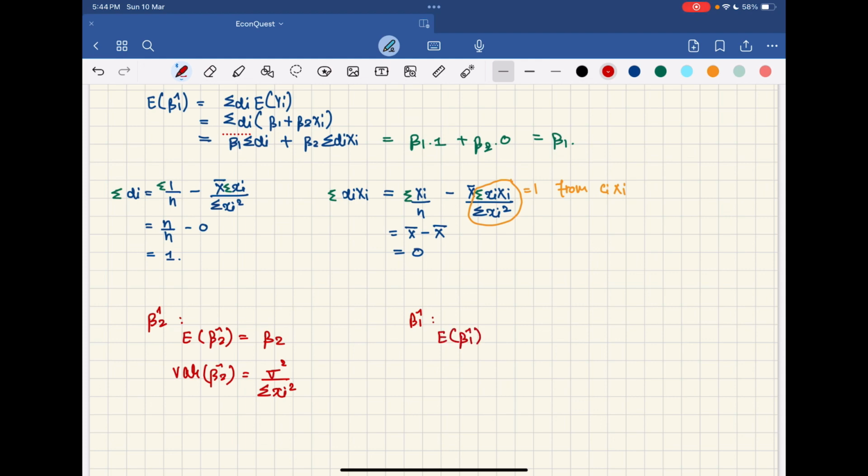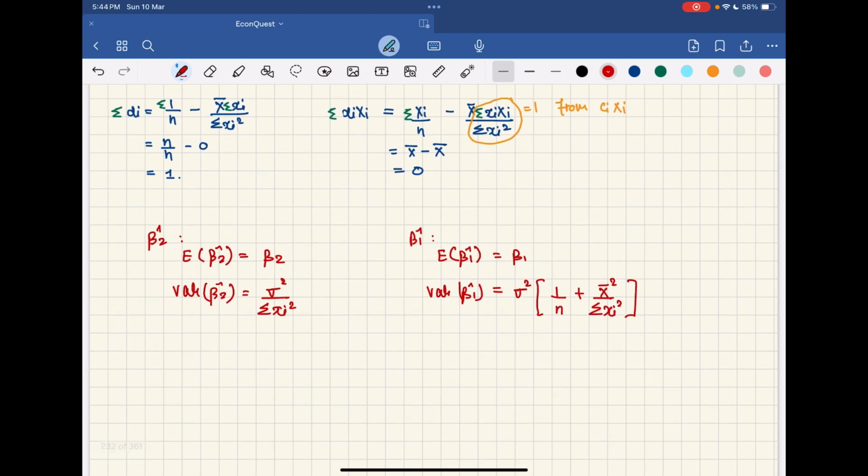Expectation of beta 1 hat is equals to beta 1 and variance of beta 1 hat is equals to sigma square times 1 by n plus mean of x square divided by summation of xi square, right? And covariance of beta 1 hat and beta 2 hat is equals to sigma square times minus x bar divided by summation of xi square. Thank you.